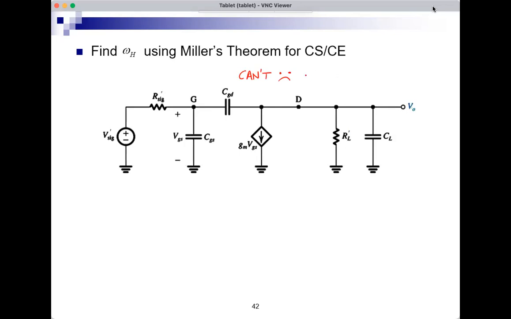So if we use this approximation, that K, which is the voltage across CGD divided by the voltage here, is the low frequency value and it doesn't change, then we can apply Miller and CGD would disappear and become two capacitors.